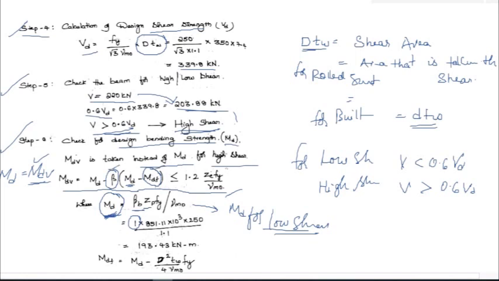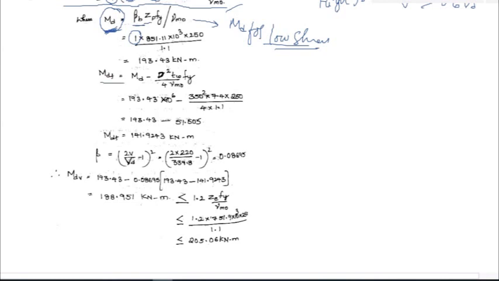So you know what is beta? MDF is equal to MD minus D square tw Fy by 4 gamma m naught. So now this is for simply supported beam. So substitute these values. So you are going to get MDF 141.92 kilonewton meter.